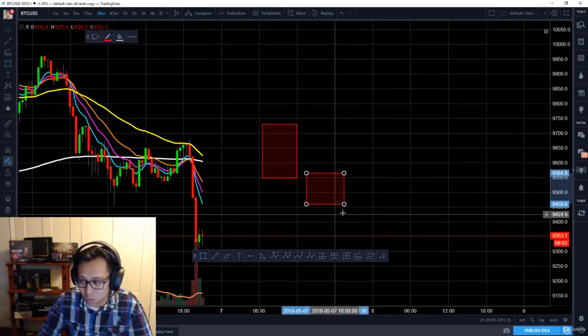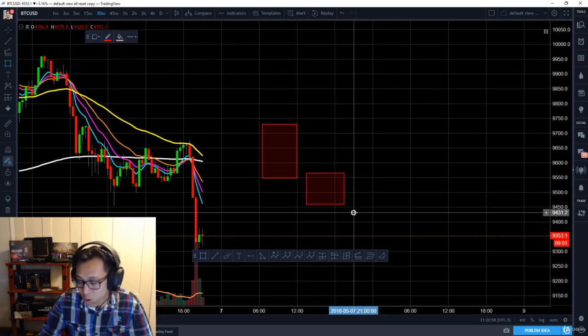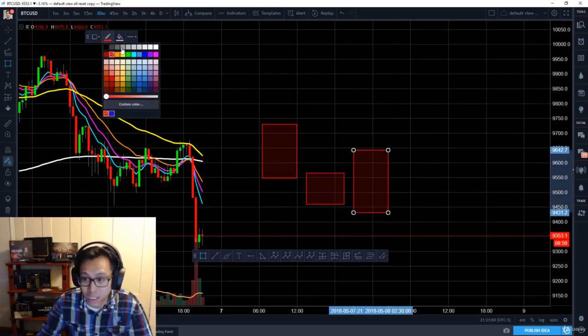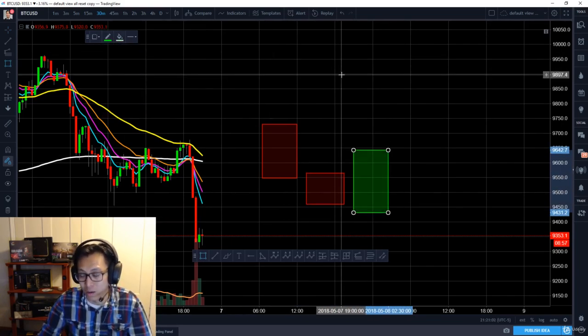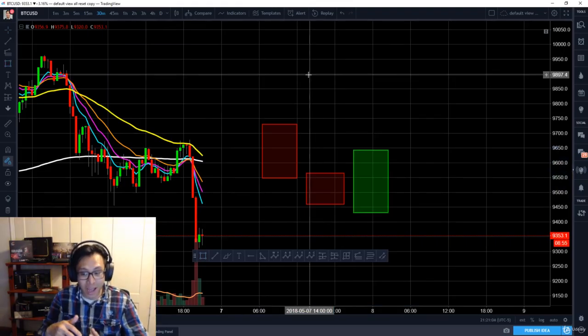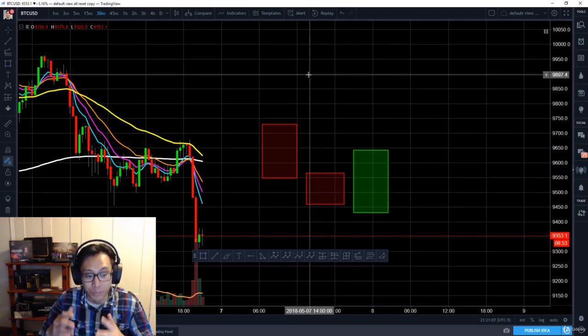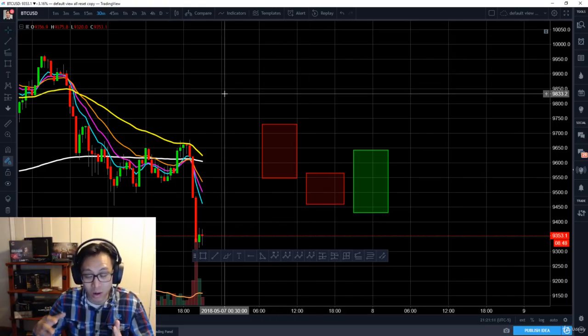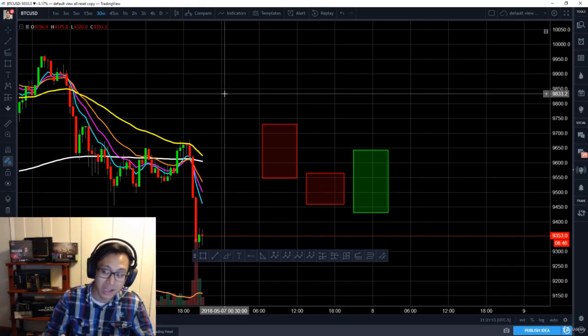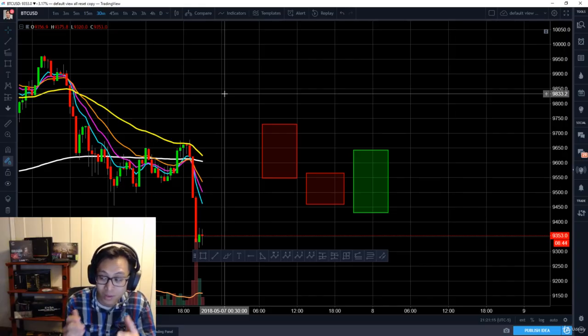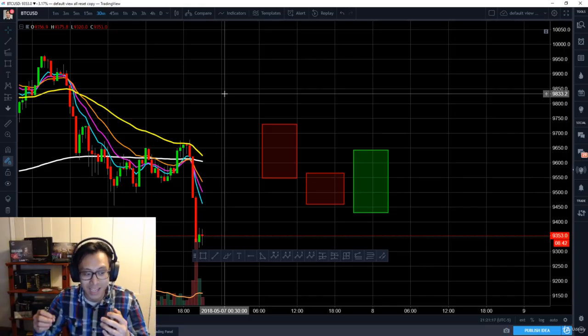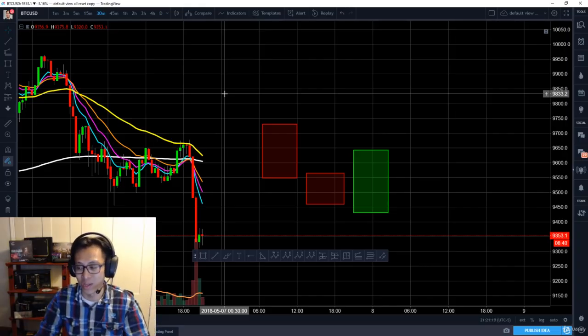And let's say the next one here is a really large green candle that's much bigger than the previous red candle. This one is called the bullish engulfing candle. The reason why it's called an engulfing candle is because it's eating up the previous candle. Think of it as a much bigger candle that's actually just devouring it. So that's how I see it.